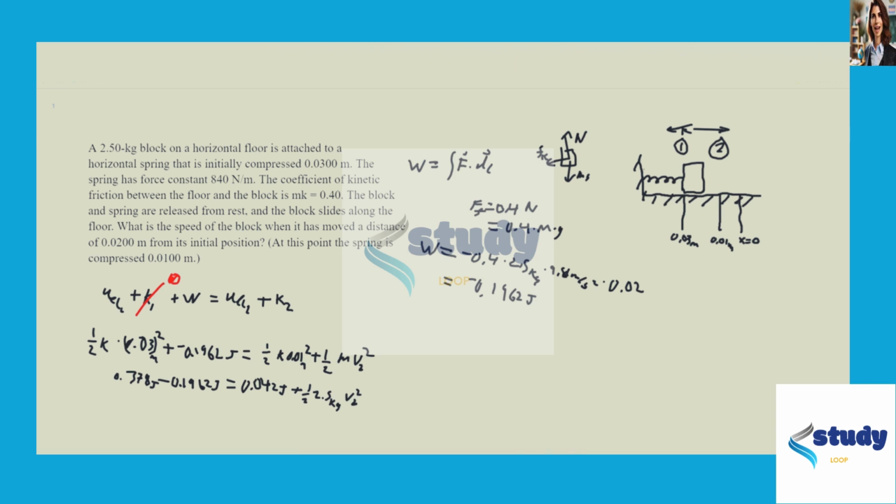That should get us a final velocity of 0.33 meters per second at position 2, where the spring is still compressed, and that should be to the right.